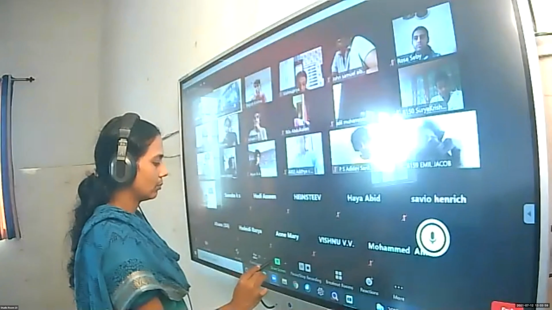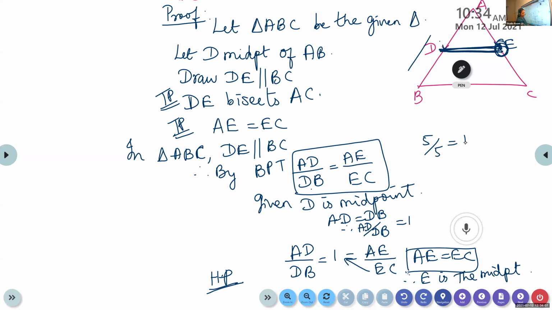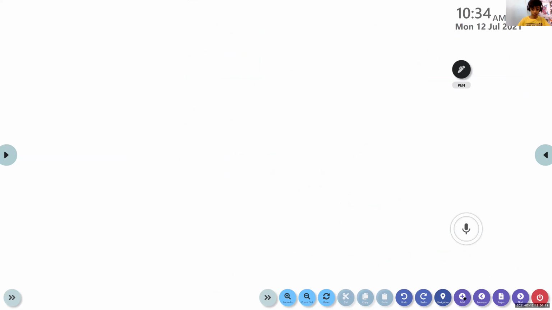Okay, children. Now write the next one. Write the next question. Draw the figure. Look at how I am drawing the figure, and check it. This is the figure given.